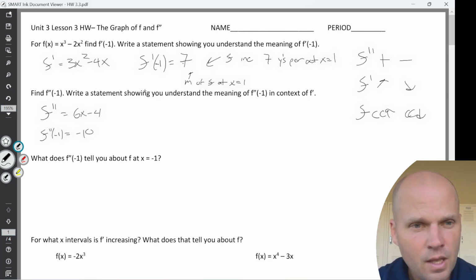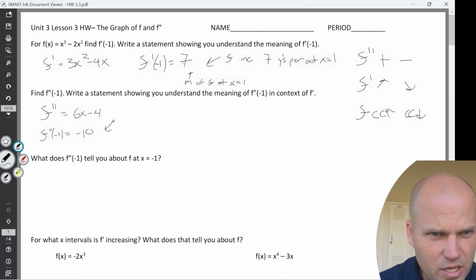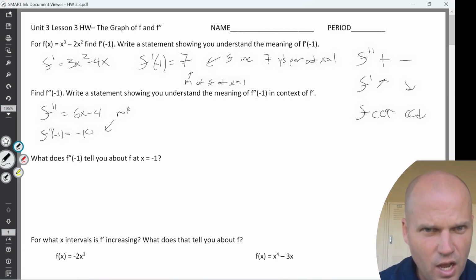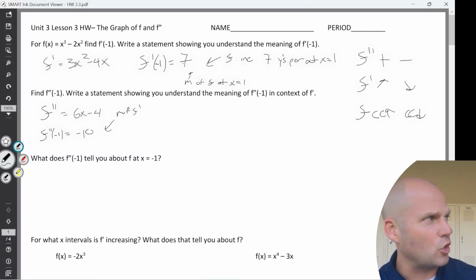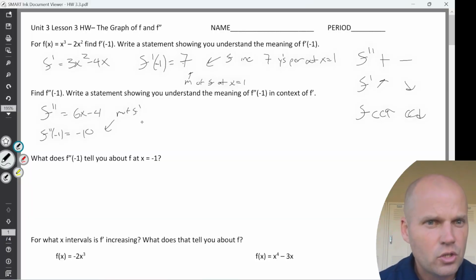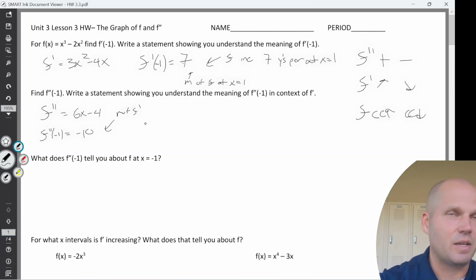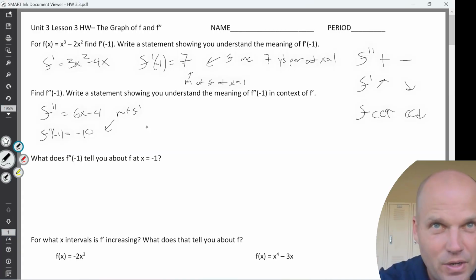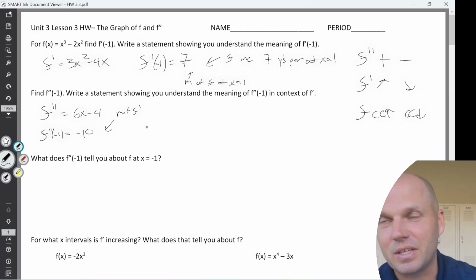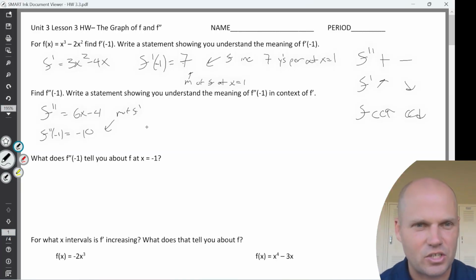That was fun. And this would be the slopes of f prime, the slopes of the slopes. So the slopes of the slopes are decreasing by 10 y's per x because it's like how the slopes are changing.